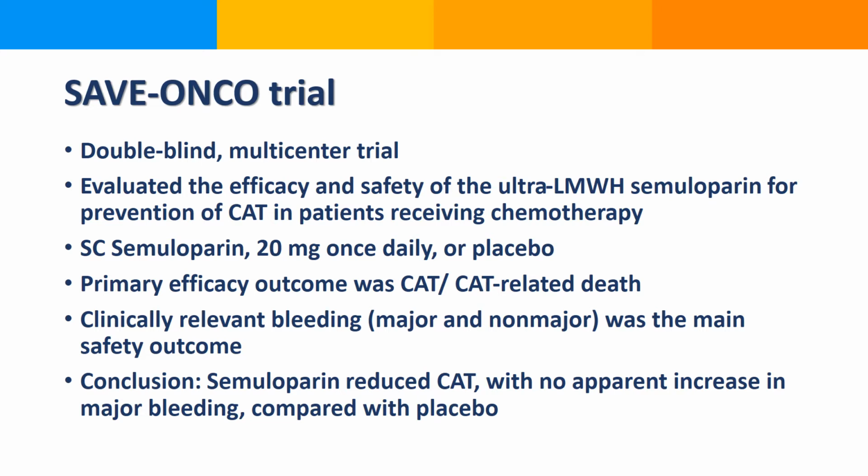The primary efficacy outcome was CAT or CAT-related death. Clinically relevant bleeding, both major and non-major, was the main safety outcome. The study concluded that semuloparin reduced CAT with no apparent increase in major bleeding compared with placebo.